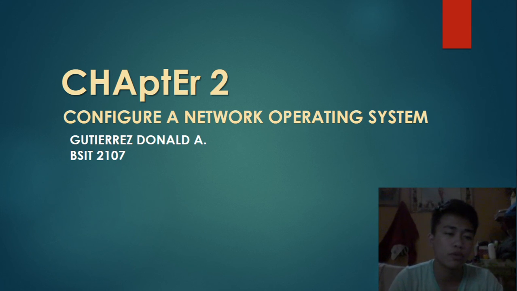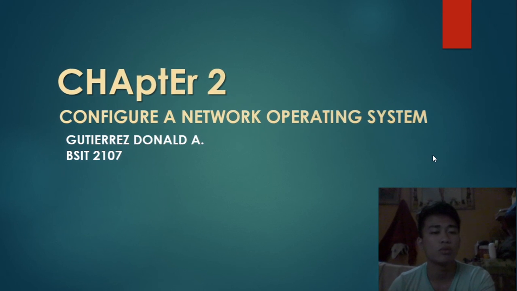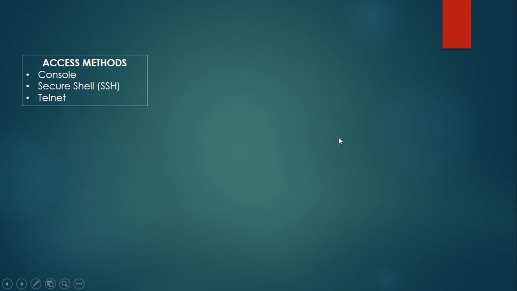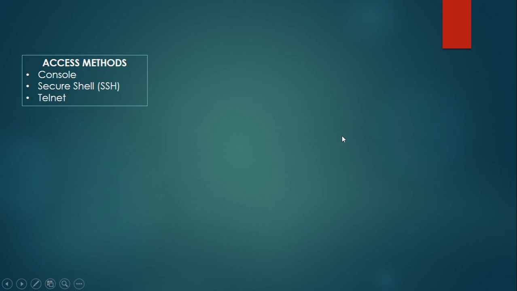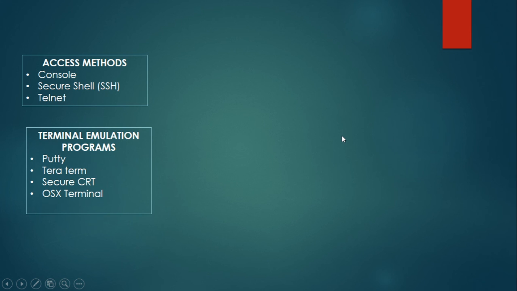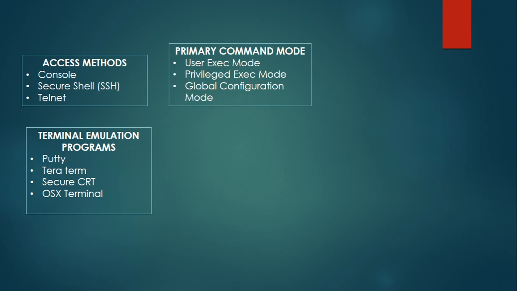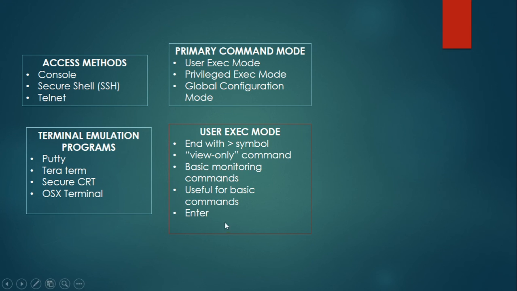Our chapter for today is entitled Configure Network of Operating System. We have here console, access methods, terminal emulation programs, primary command mode, and user exec mode.